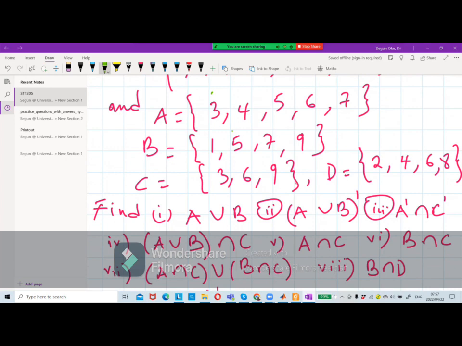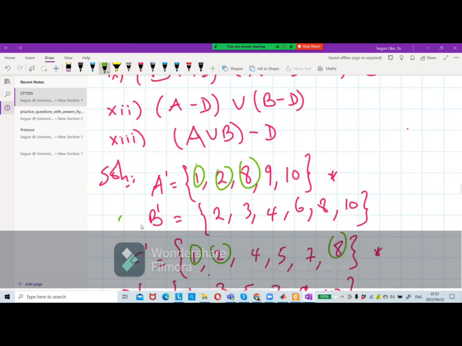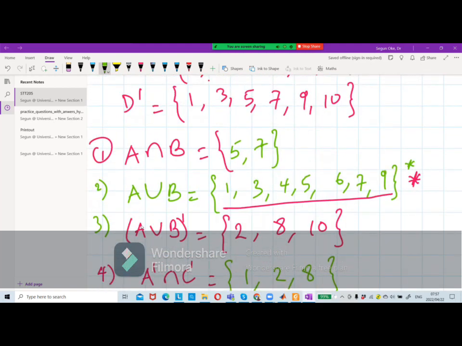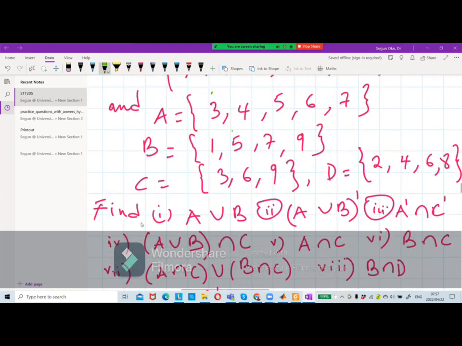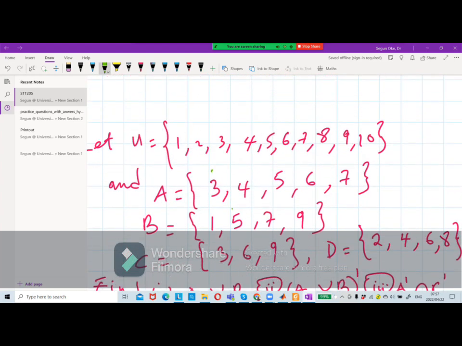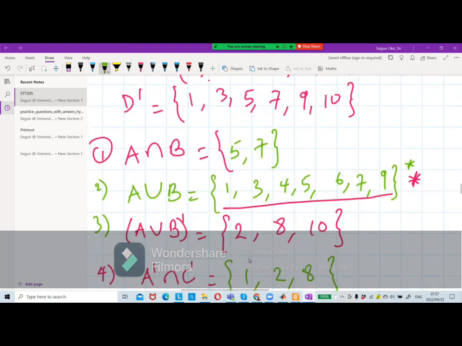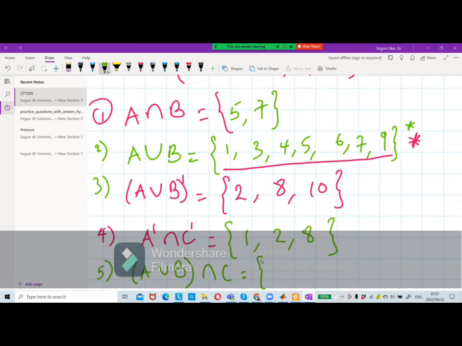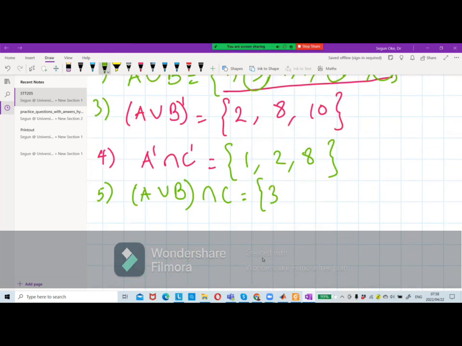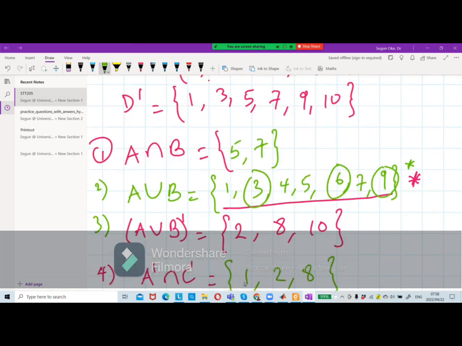We have 3 here. Do we have 3 here? Yes, 3 is there. Then we also have 6 here. 6 is also here. Then we have 9. 9 is also here. Meaning that we can write it as 3, 6, 9. So that settles it.